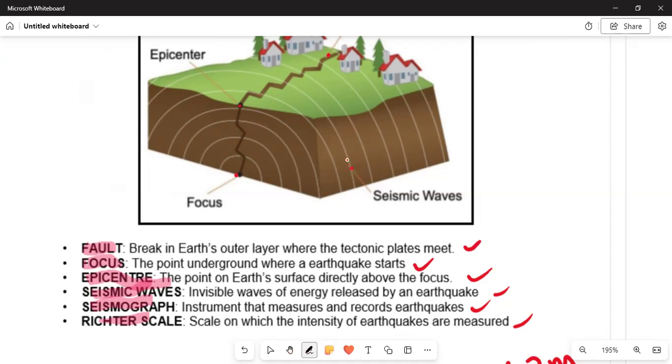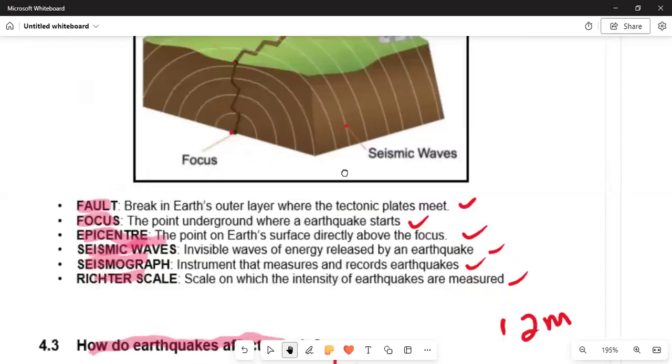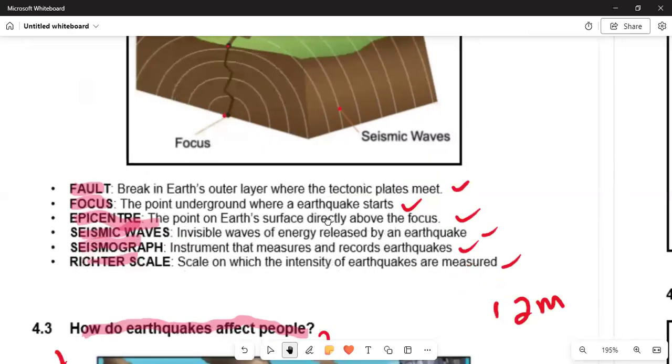Then the seismograph, an instrument that measures and records the earthquake. And then the Richter scale, on which the intensity of earthquakes is measured. So we have answered those questions we were asking ourselves previously.